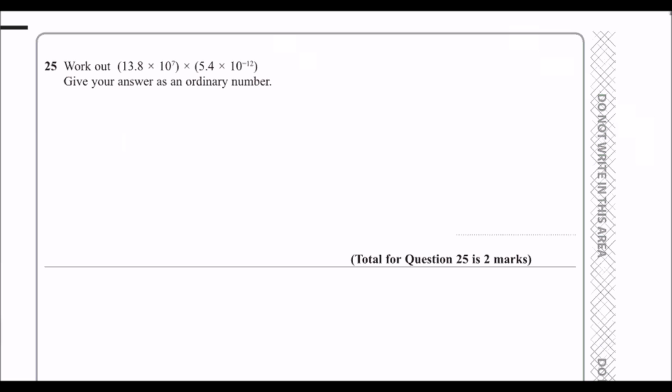Question 25. So we've got to work out 13.8 times 10 to the power 7 times 5.4 times 10 to the power of minus 12. And we are simply typing it into the calculator. So I've typed it into the calculator and it's come up with 7.452 times 10 to the power of minus 4.